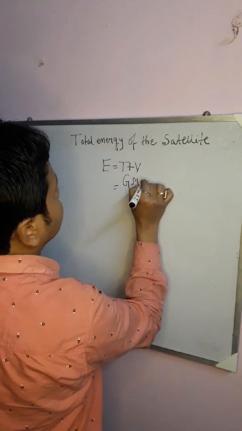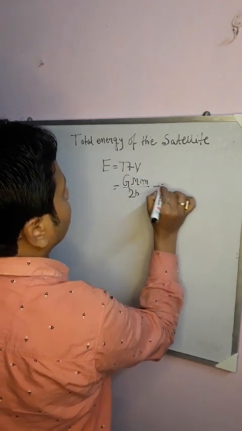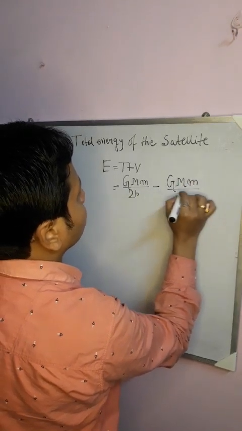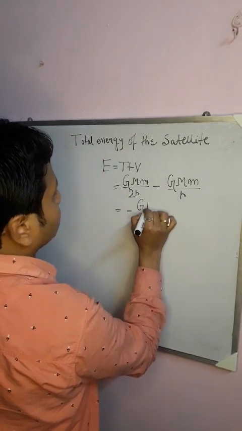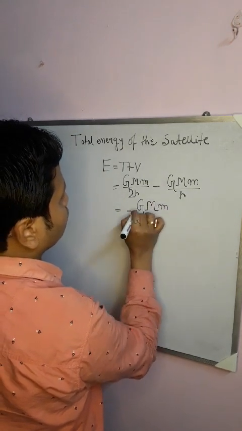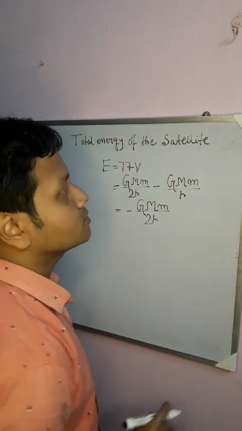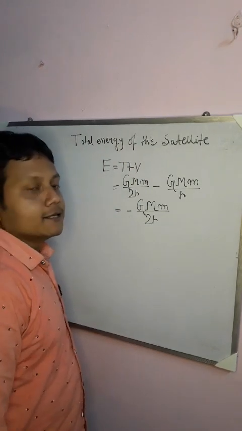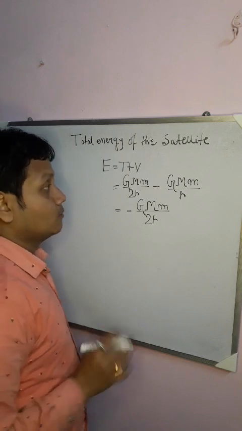That is GMm by 2r minus GMm by r. So this is simply minus GMm by 2r. Thus we see that the total energy of the satellite is negative, and there is a significance of this negative sign. Okay, what is it?